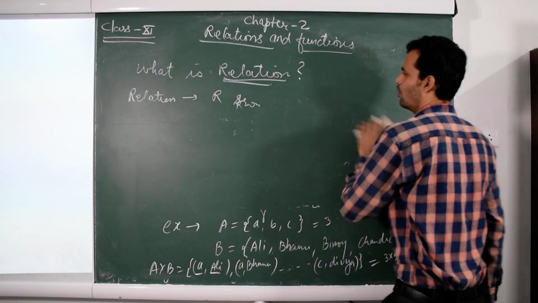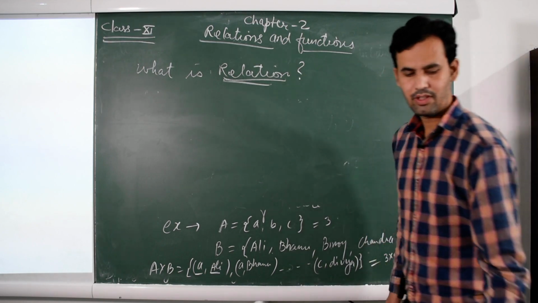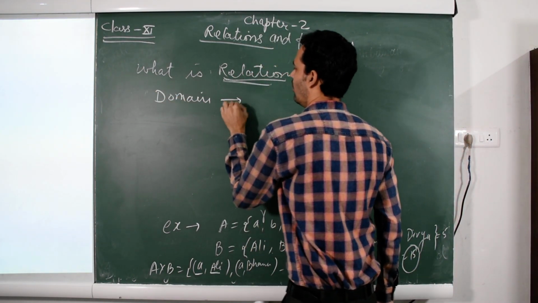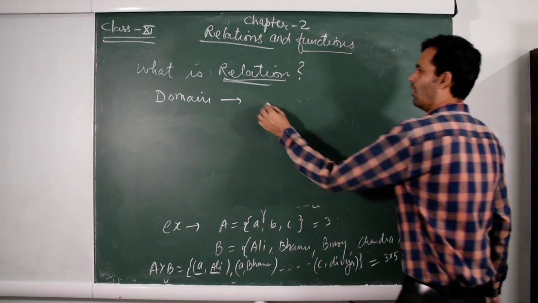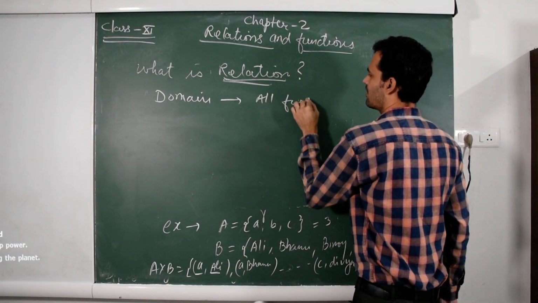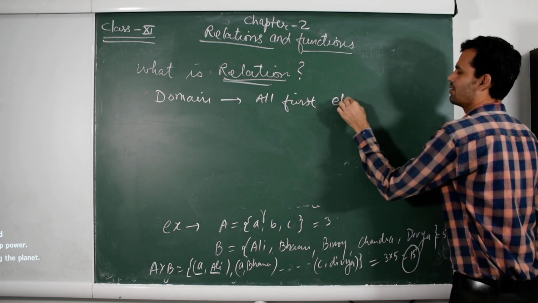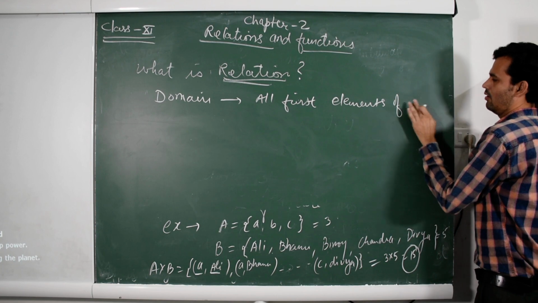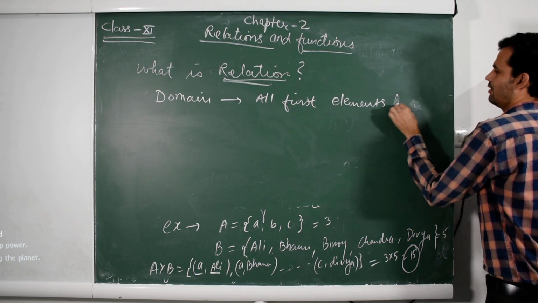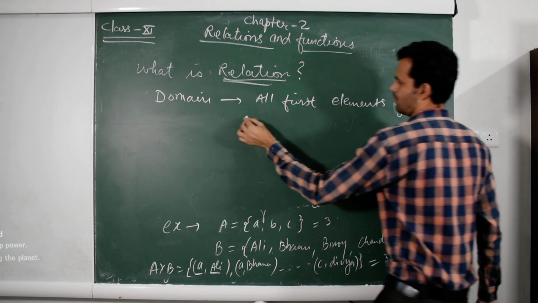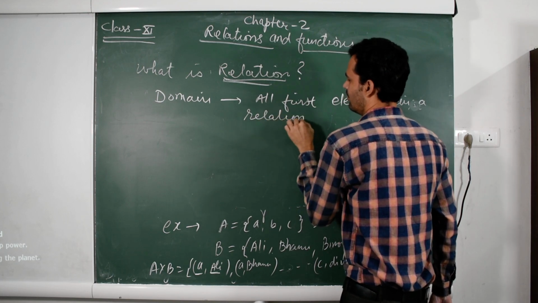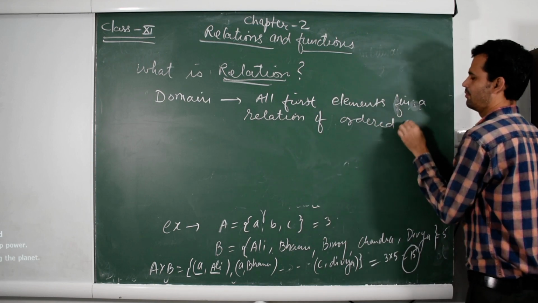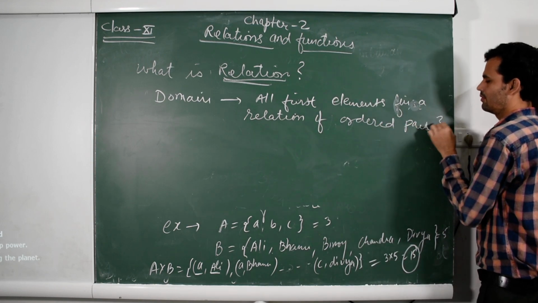Okay, so there are 2-3 things. First is domain. What is domain? All first elements in a relation of ordered pairs.